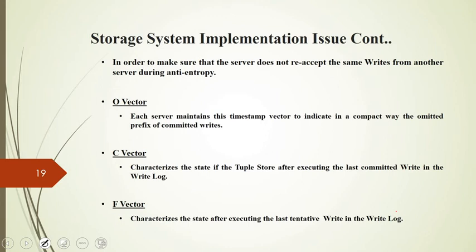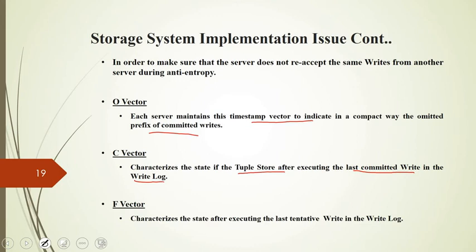So let us consider the O vector, which is server maintained. Each server maintains a timestamp vector, which is used to indicate in a compact way the omitted prefix of committed writes. The C vector characterizes the state of the tuple store after executing the last committed write in the write log.